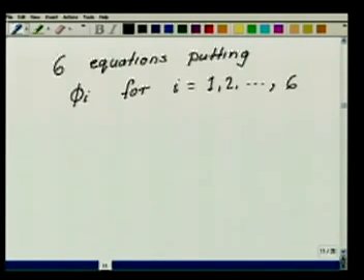Okay. Now let us further put the expression for u6 in our equation corresponding to phi i.